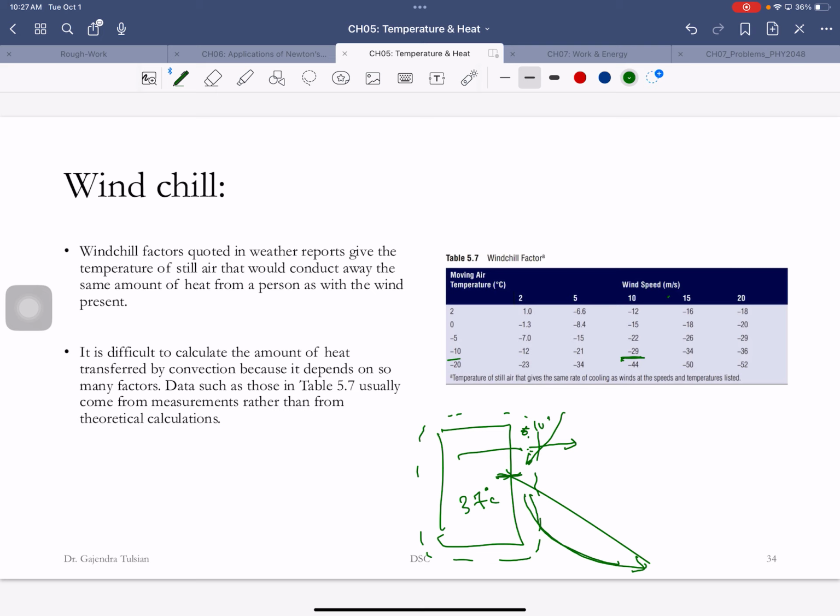That's what wind chill means. Did you guys understand that?